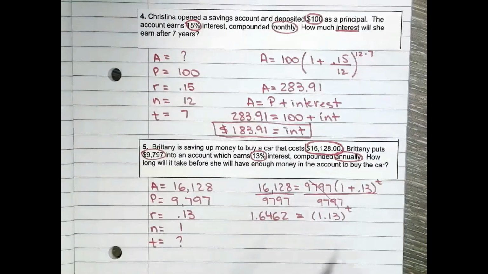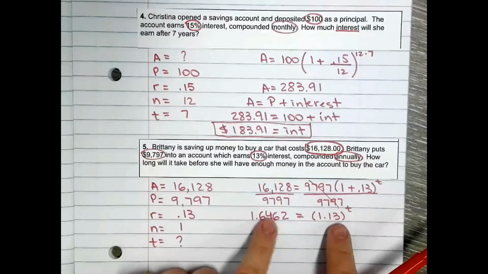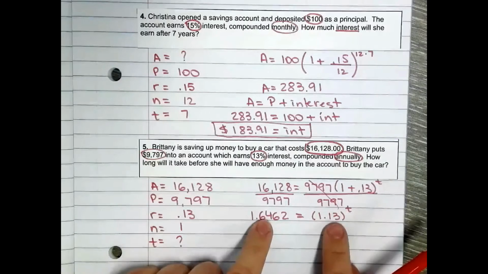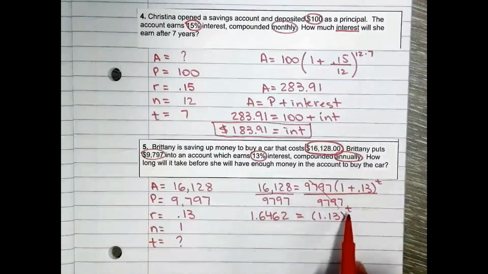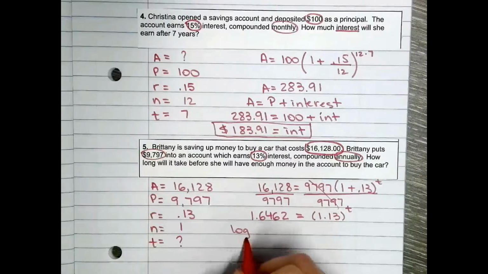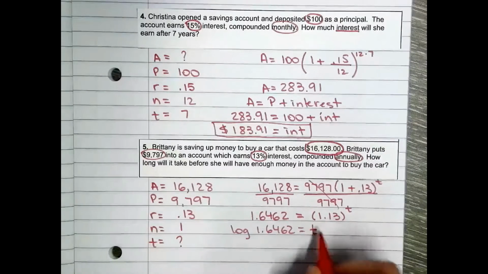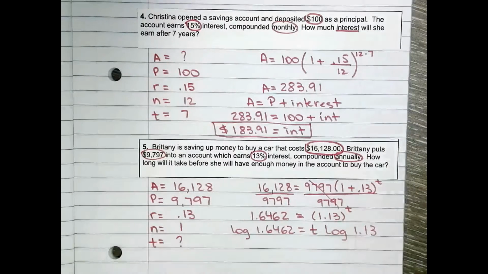Now, we need to do solving exponential functions using logarithms. So at this point, I will take log of both sides and also apply the power property where the exponent goes to the front multiplying. So log of 1.6462 equals t log of 1.13.